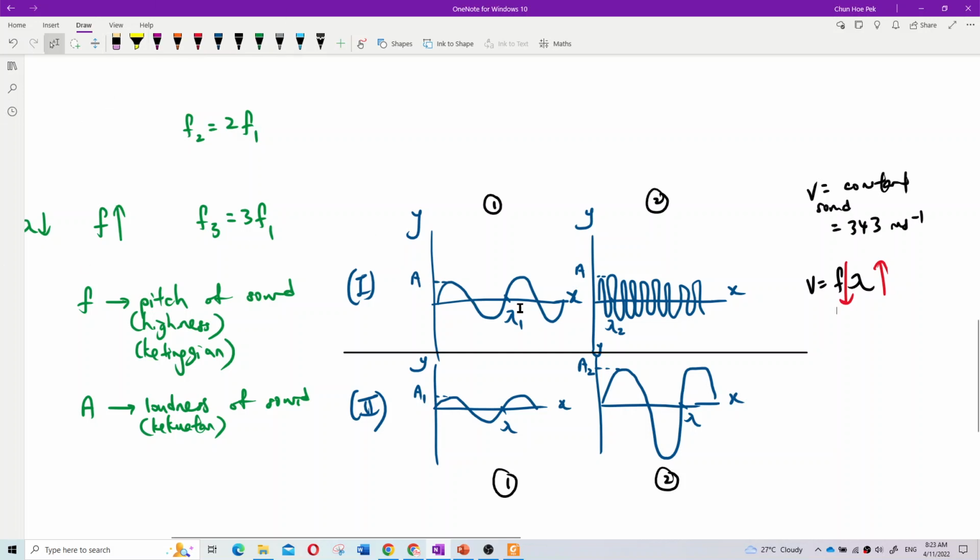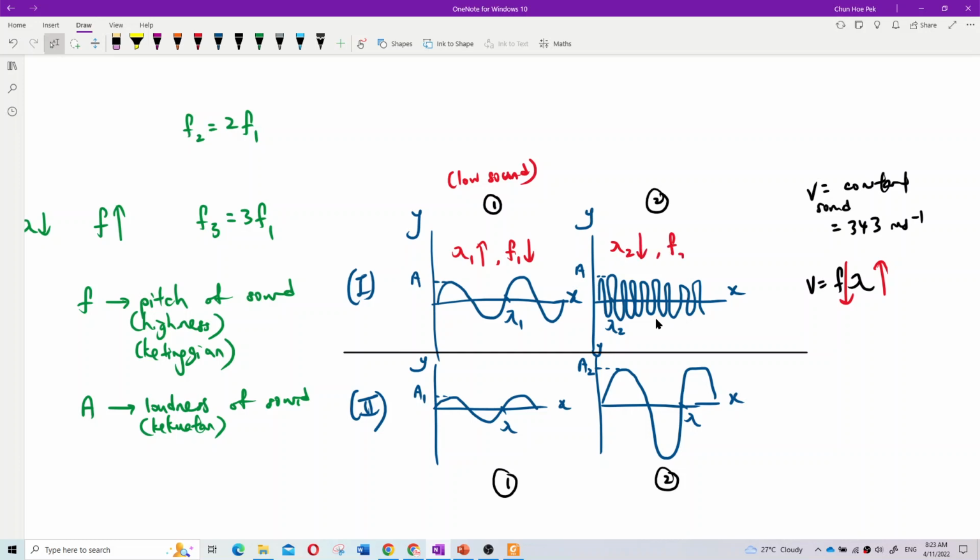So in the first one, lambda 1 is longer, so does it have higher or lower frequency? Lower frequency. So F1 is lower frequency. So here you can hear low sound. Okay, and then for this one, lambda 2 is shorter, right?